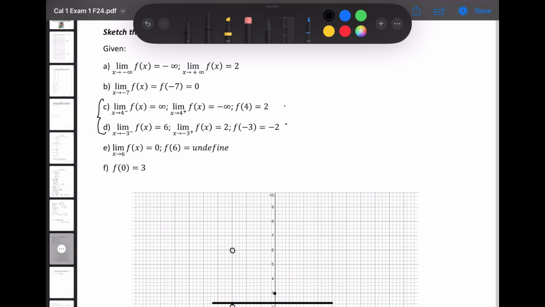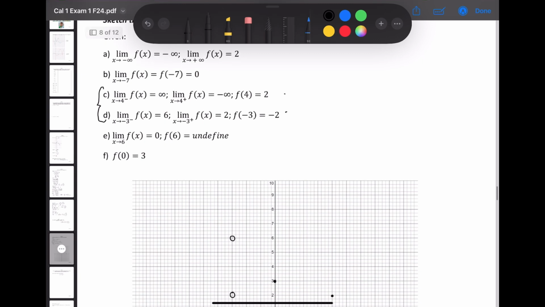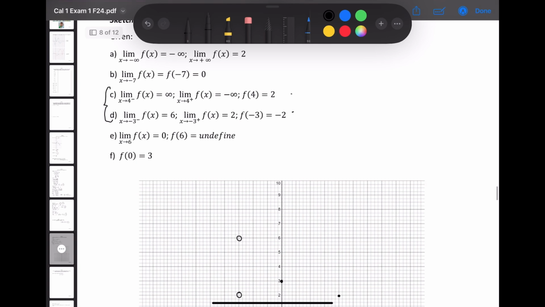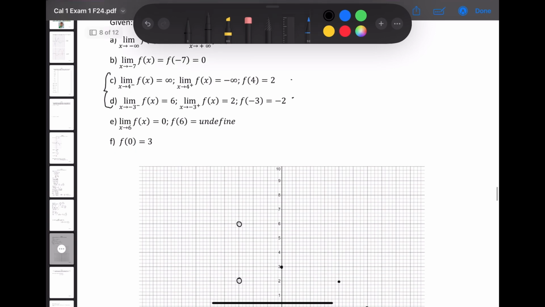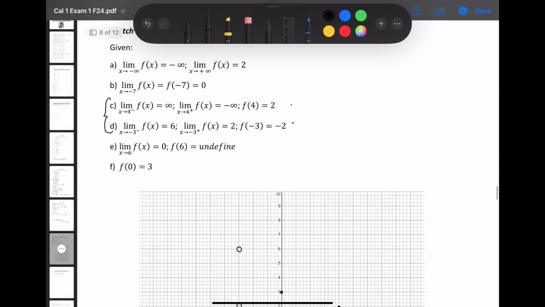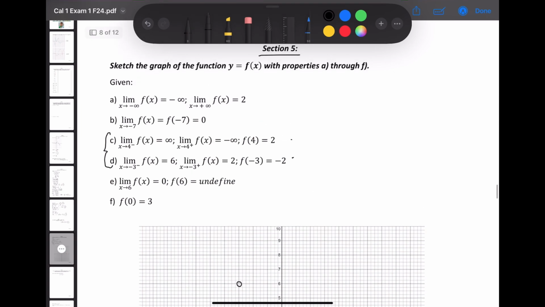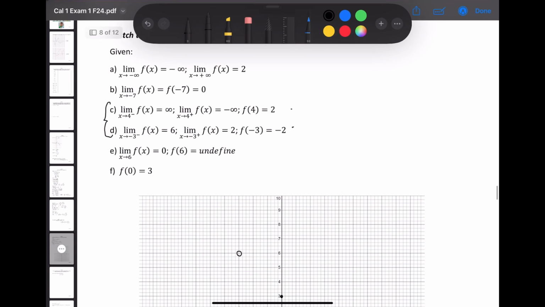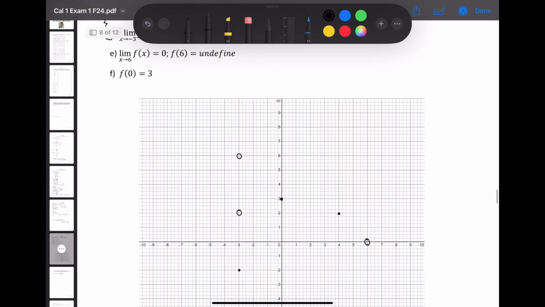And then limit x approaching positive infinity, f of x equals 2. So with that information given, we know we have a horizontal asymptote, because in this case y equals f of x. So y equals 2. So that must mean we have a horizontal asymptote there.